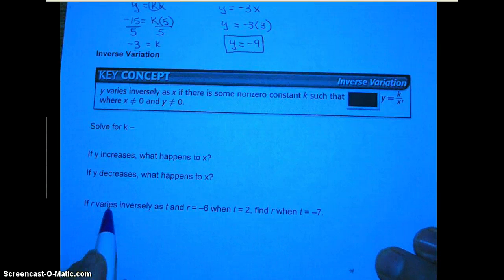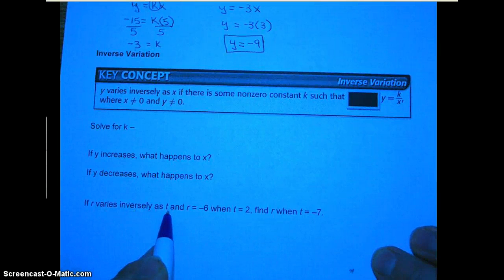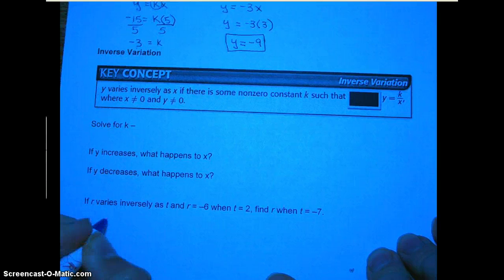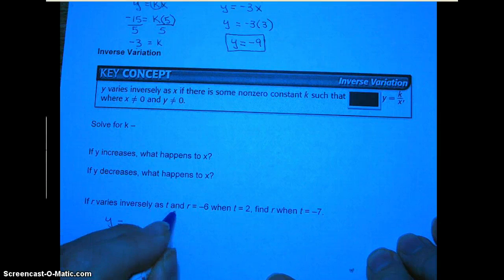Okay, so here we go. If r varies inversely as t, there's your terminology. That says that r varies inversely as t. We're actually using r and t instead of y and x.